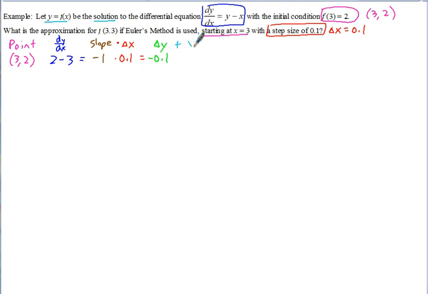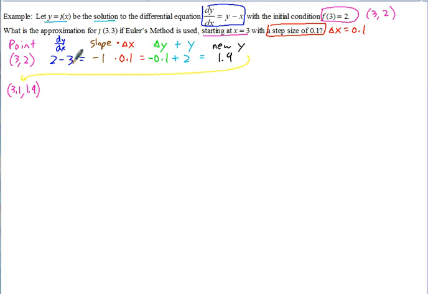Plus the original y coordinate, which was 2 right there, gives you the new y coordinate. 2 minus 0.1 is 1.9. So that gives us our next point. Change the x coordinate by 0.1, that's our delta x, that's our step size, so it's 3.1. And the y coordinate is 1.9.